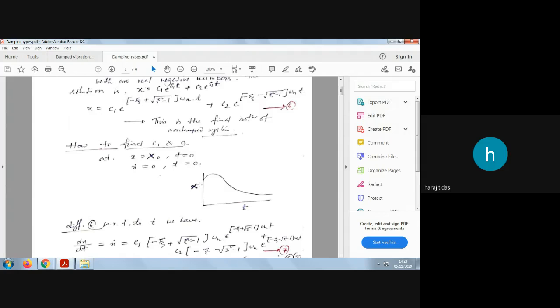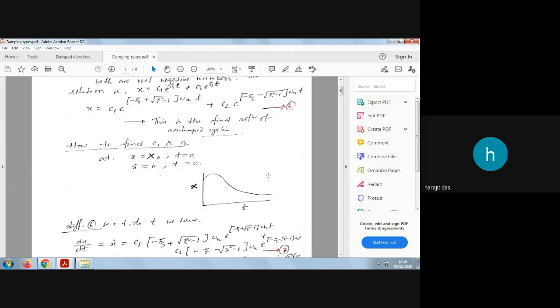When t equals 0, the initial velocity was zero, that is x dot equals 0 at t equals 0, meaning when the vibration started there was no velocity, because this is free vibration, isn't it? And the initial displacement was x naught. In free vibration the initial displacement is given as x naught, after that the body will start vibrating.